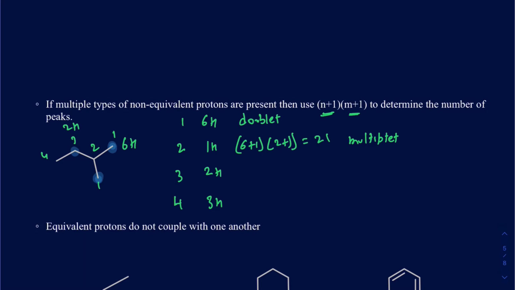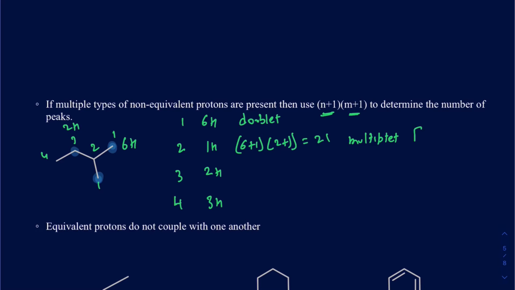Just because their coupling constants are so close or the same, all of them are on top of one another, so you only see 9 peaks. But in either case, I will call that a multiplet anytime you have a proton coupling with different types of protons.